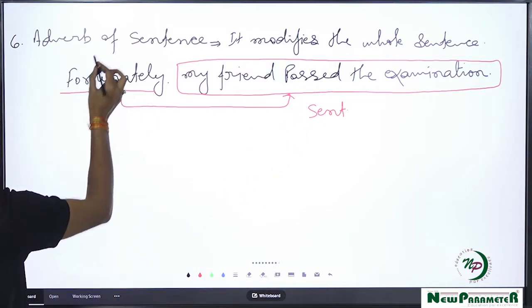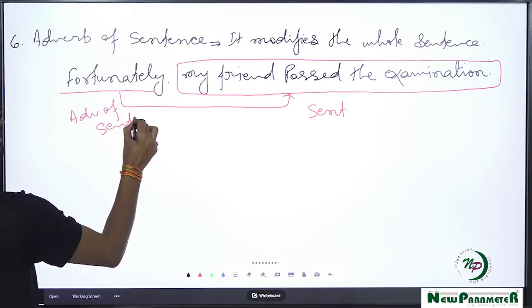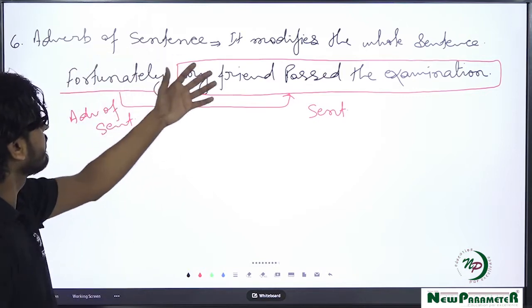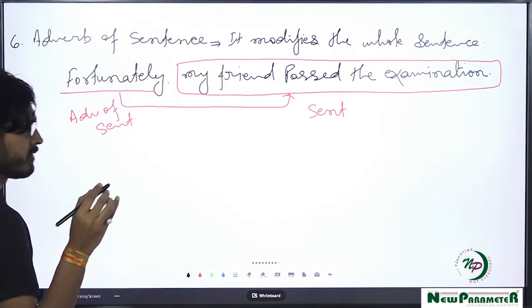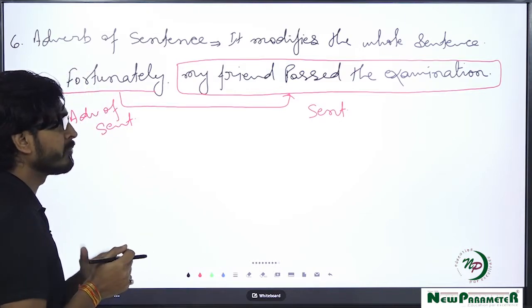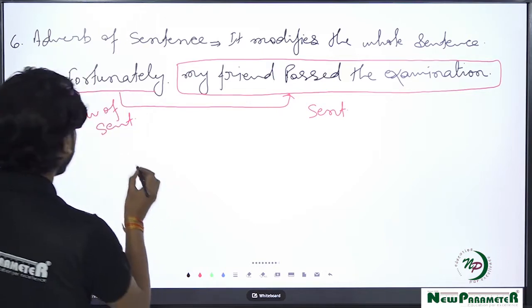So we can say this is an adverb of sentence. Now I'm showing some types of adverb of sentence. You have to bear it in your mind because this is very, very important, because the position of adverb of sentence is really very important.